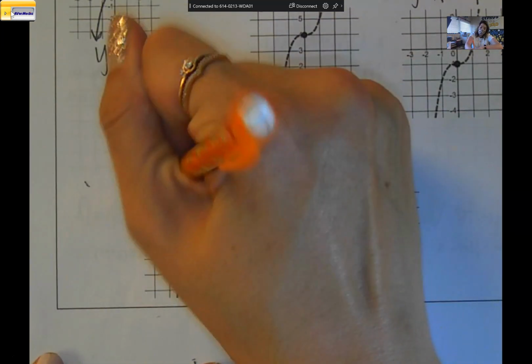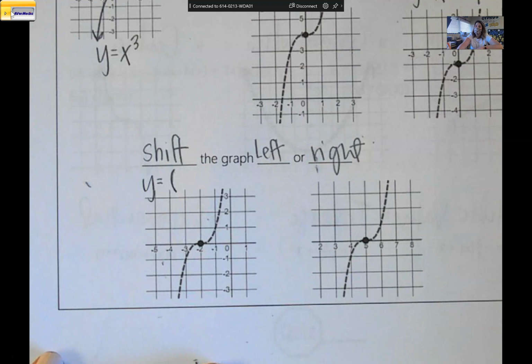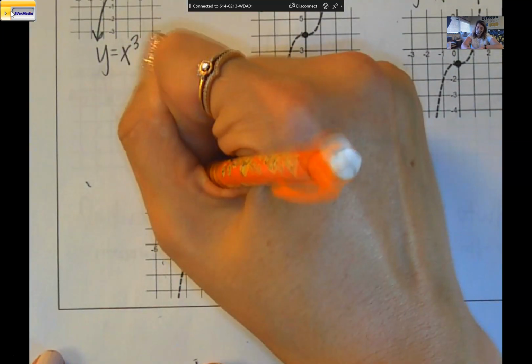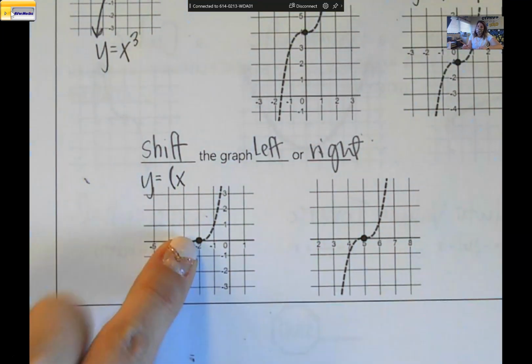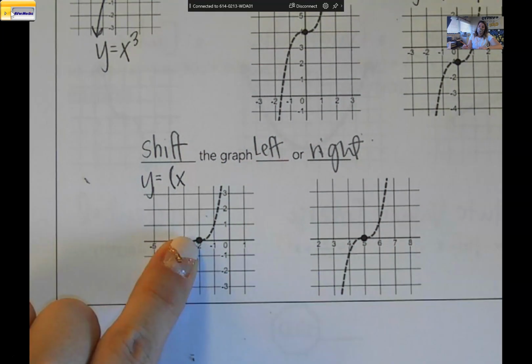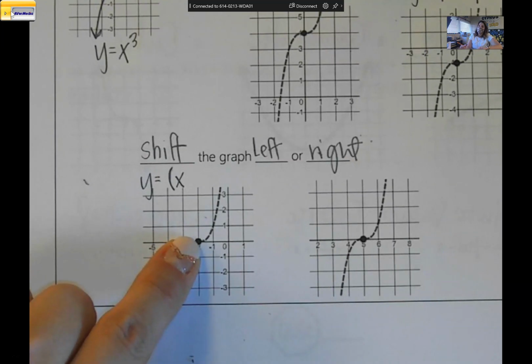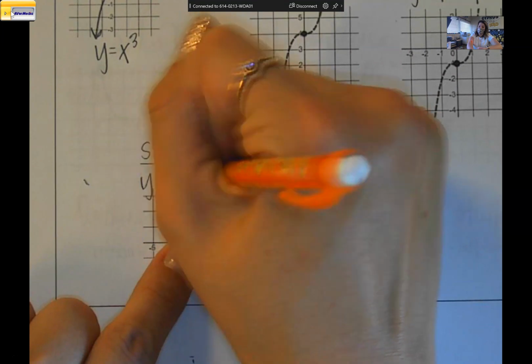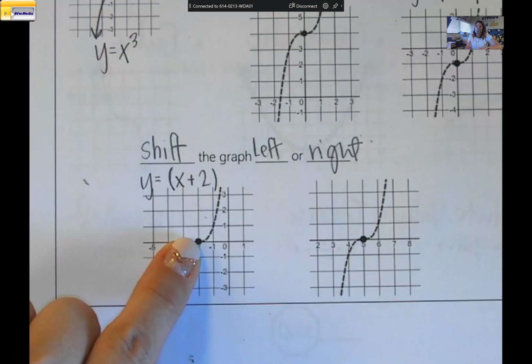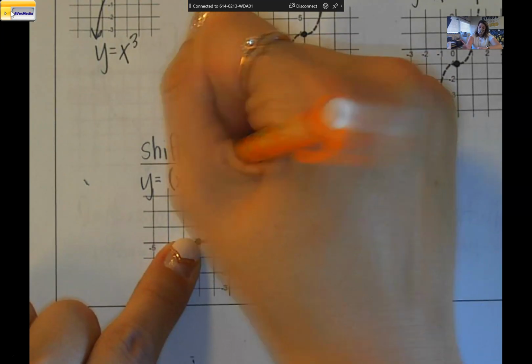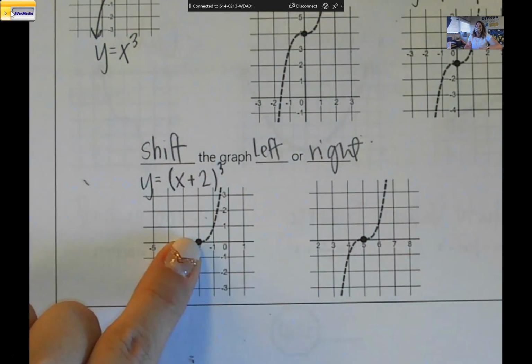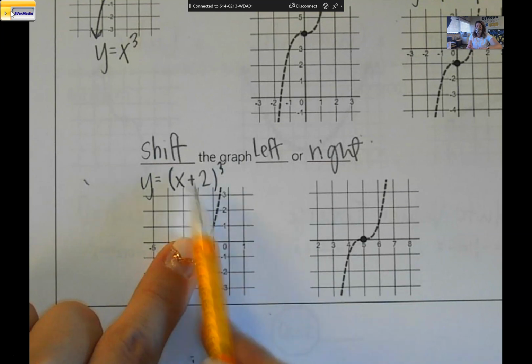So what I have to write is a parenthesis, x, and then I do the opposite of what I see here. It has to be the opposite because it's trapped in there with the x. So if I went to the left 2 or went to a negative 2, I have to put a positive 2 in there with the x. And then I have to do the cubed. Very good. Because that's how you know that it's trapped with the x.